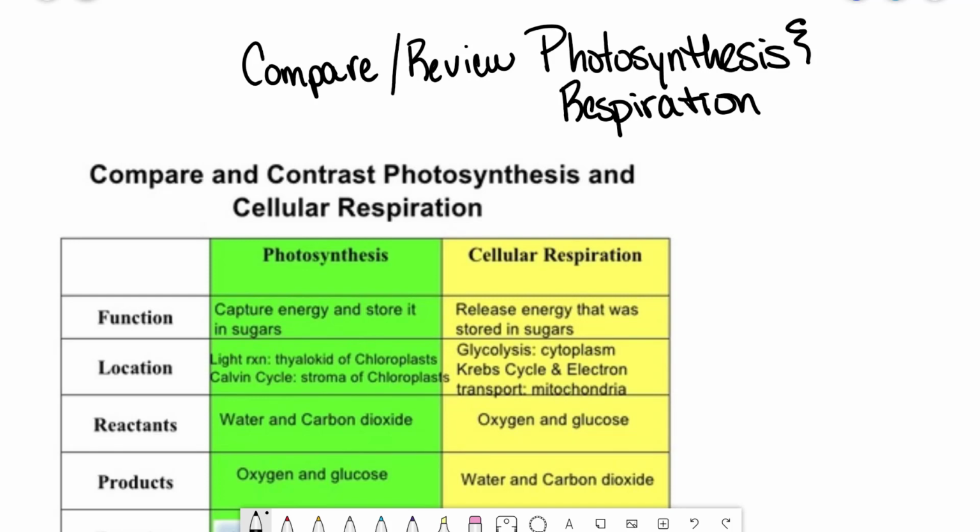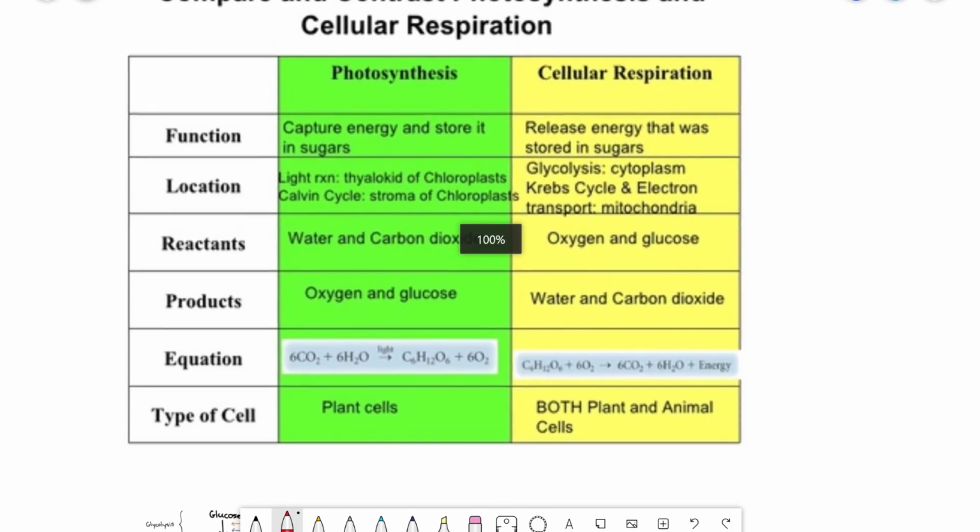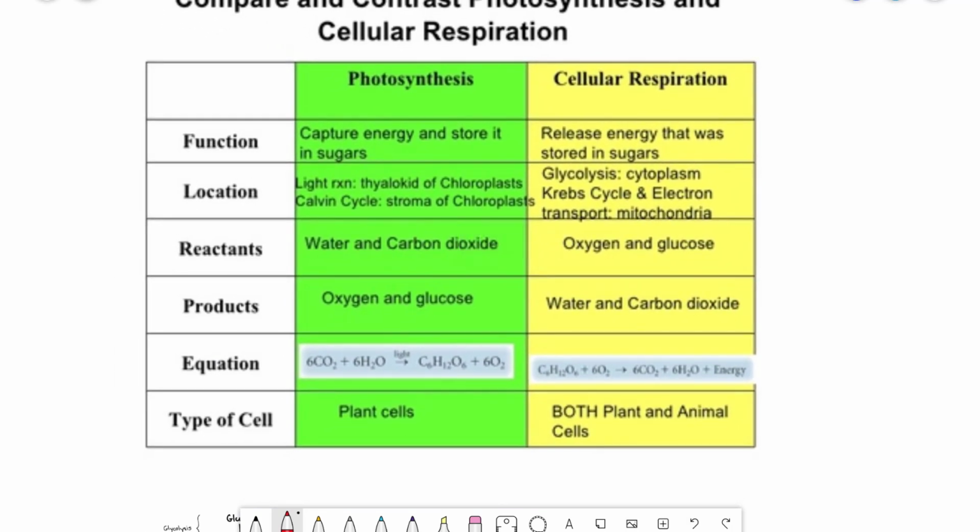So we're going to compare photosynthesis and respiration and review each one of the processes. Let's go ahead and start with photosynthesis. Photosynthesis captures energy because we are taking energy from the sun. I'm just adding in my own words here.